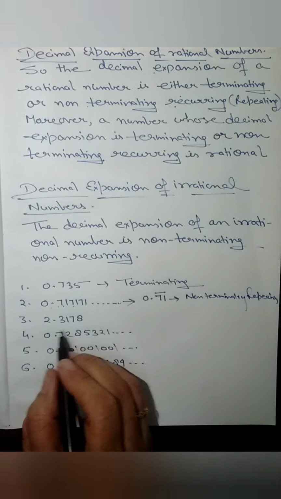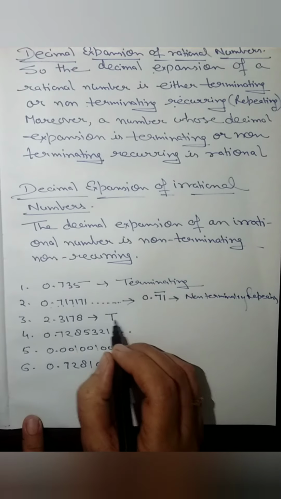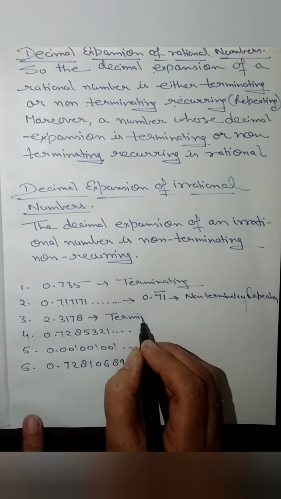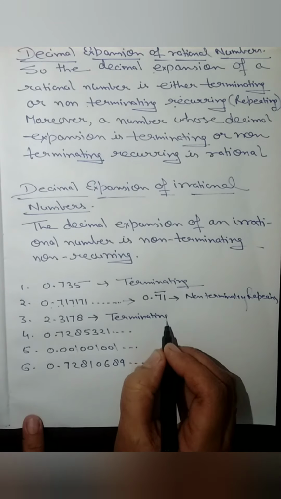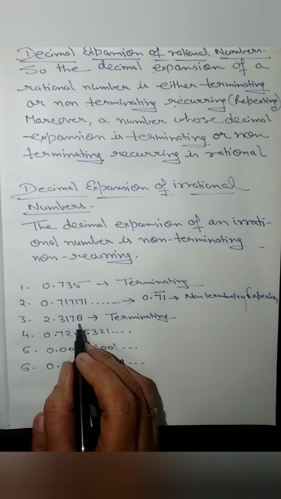Now if we see this 2.3178, this one is also terminating as digits are ending after some finite place.